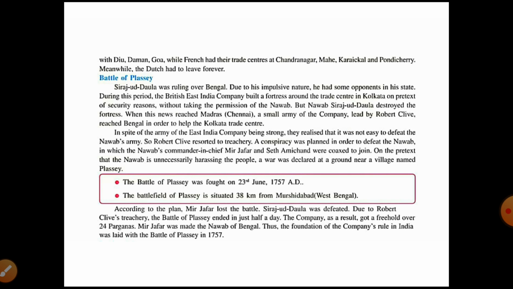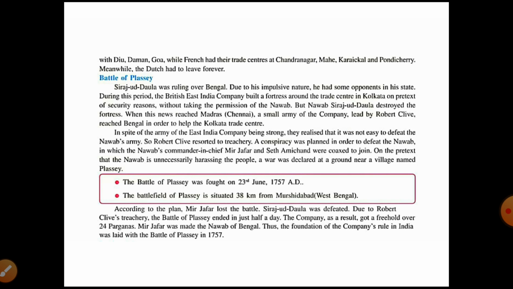In spite of the army of the East India Company being strong, they realized that it was not easy to defeat the Nawab's army. With their small army, they couldn't defeat the Nawab's army.